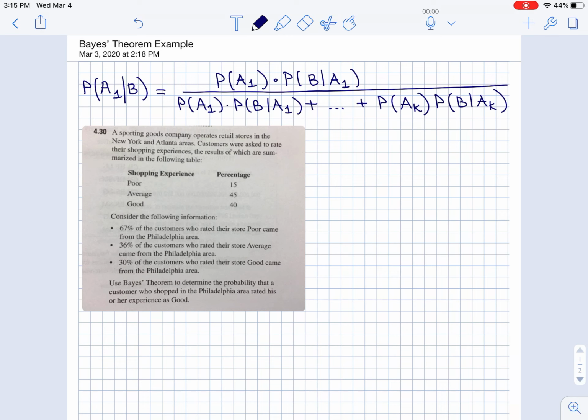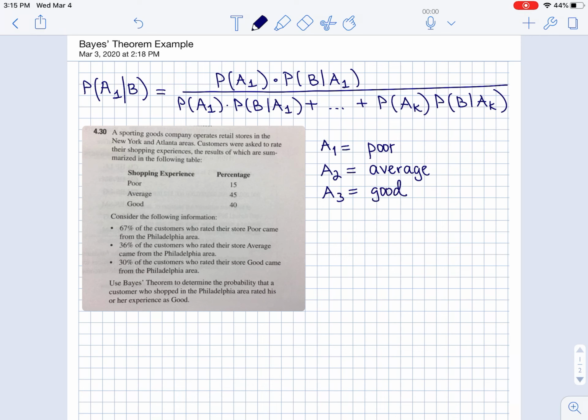Let's define some of our events. Let's say A1 is the event where we have a poor experience, A2 is average, and A3 is having a good experience.